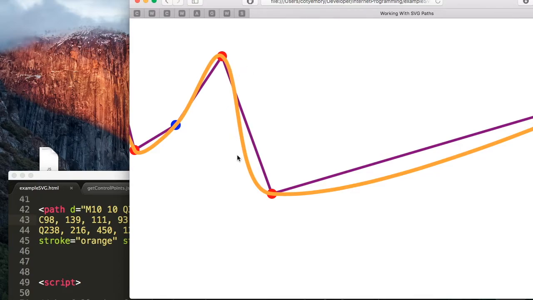Then imagine another point right here, like a magnet pulling on this line. It pulls this one, because this is the line we're trying to manipulate, not the purple one. The purple one's just an example there.